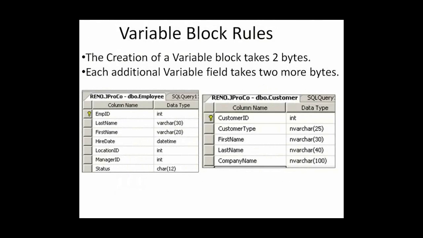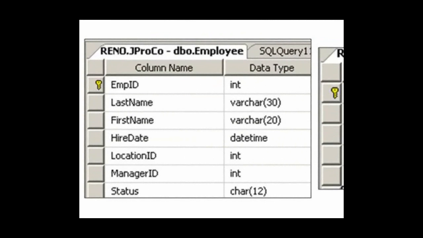Two important rules about the variable block we need to know before we do any more data row calculations, and that is number 1, the creation of a variable block takes 2 bytes. Number 2, it's going to take up 2 additional bytes for each variable length data type in your table design. Let's use an example. This is the design view of the employee table.